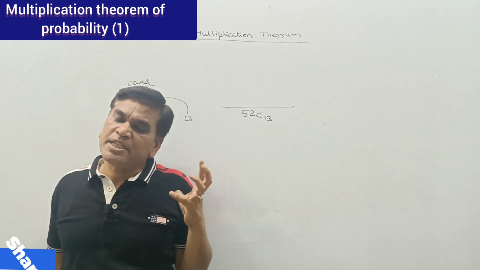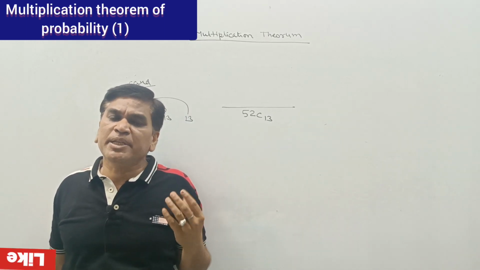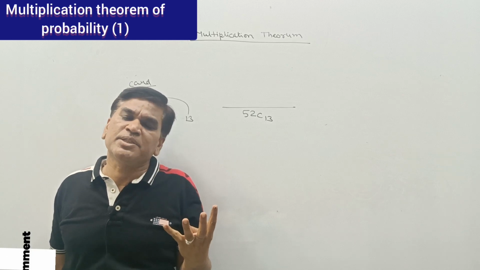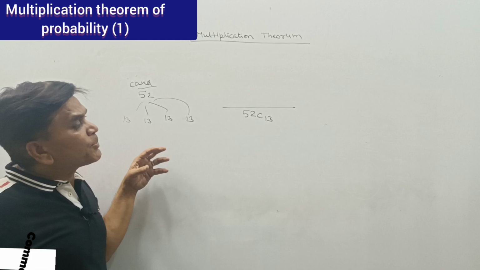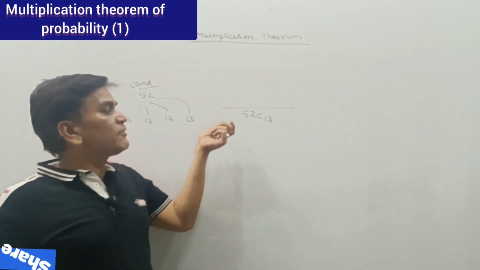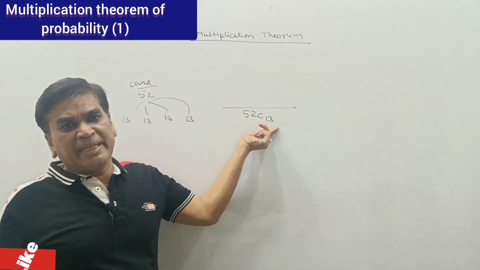Because there is a pack of 52 cards and we are distributing among the 4 players, each player will get 13 cards. So the total number of events will be 52C13.